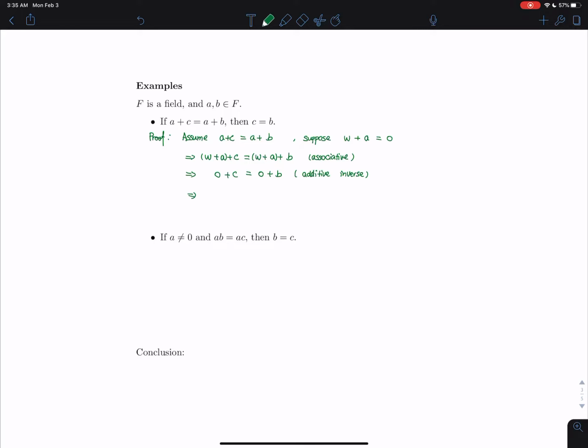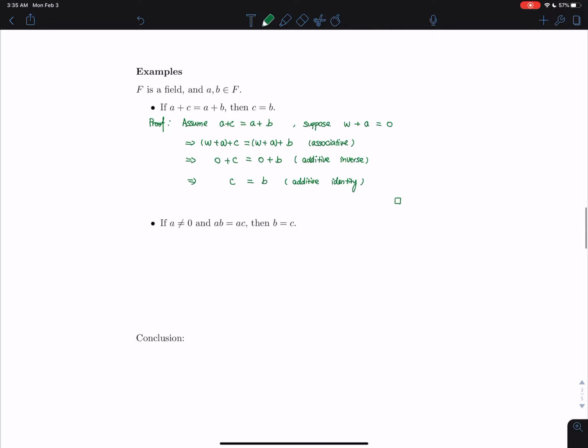And we know that 0 plus C is C, 0 plus B is B. This is because 0 is the additive identity. Therefore C equals B, and we're done.